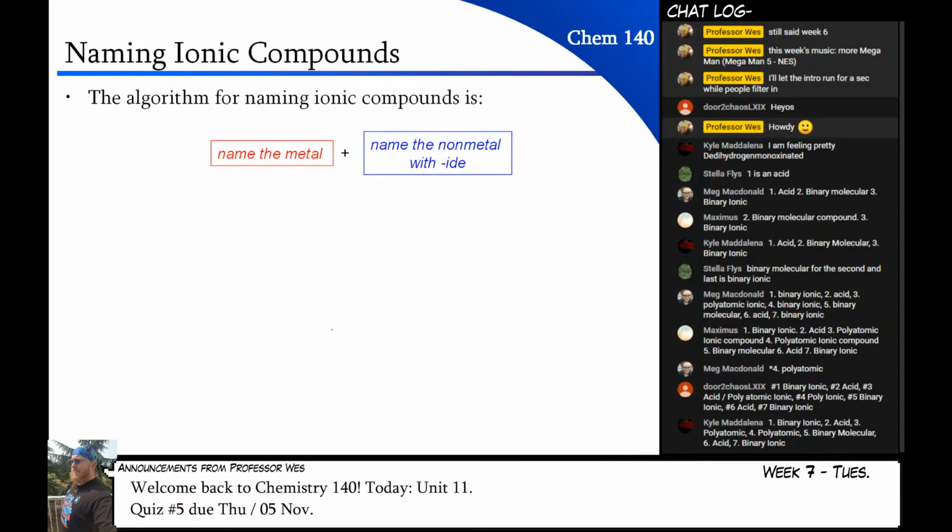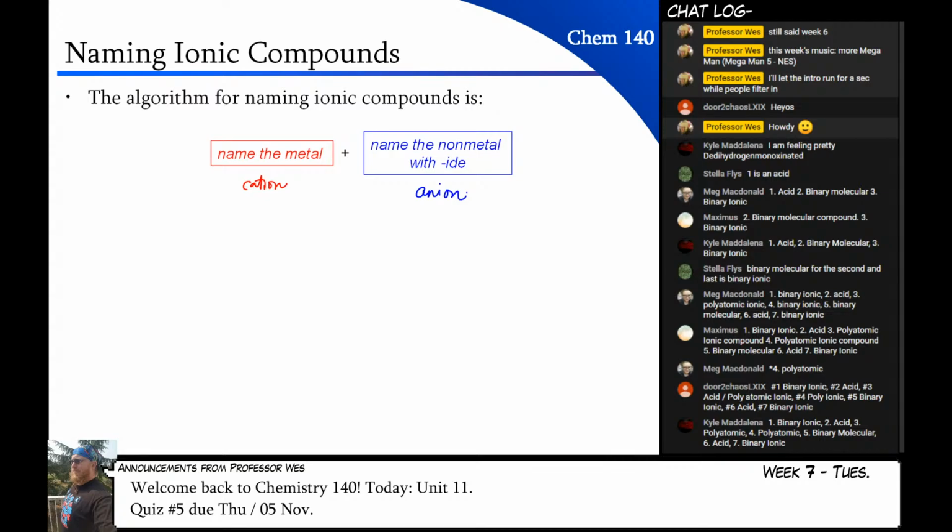Now, all of these are going to be binary or polyatomic, but the rule's going to be the same more or less. On the left in red, you have the cation. And on the right in blue, you have the anion. You're going to take the appropriate name for those things and plop it in the box. And that's it. That's how you name it. There are no other additions that you need to do. Name the metal, name the nonmetal with "ide." Easy as that.